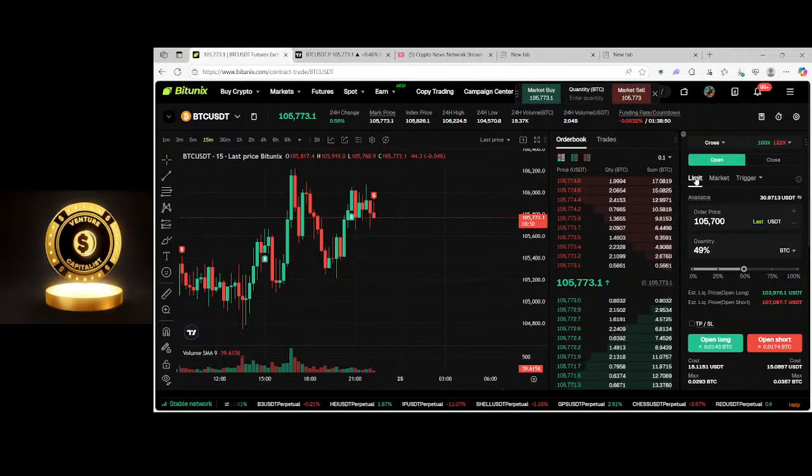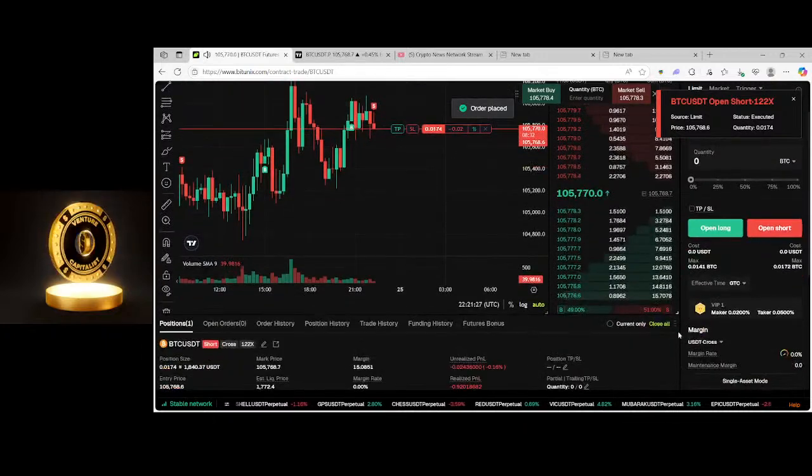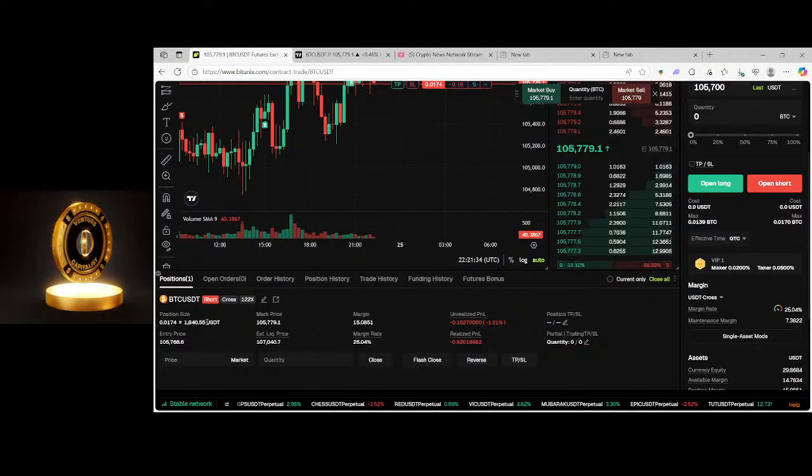On the limit, it would have to be less than the current price, which is 105,768. So I'd have to put something like 105,700, right? I'm going to do 30% of this first entry, and that's because it's going to be an active entry, which means it's lower than the current price, so it should go into a short automatically right now. So that's how you start.